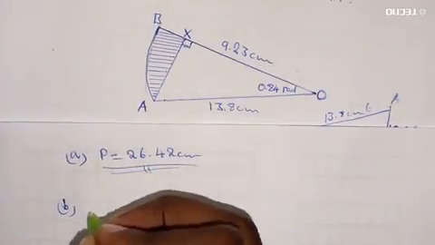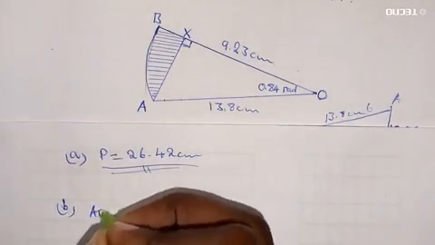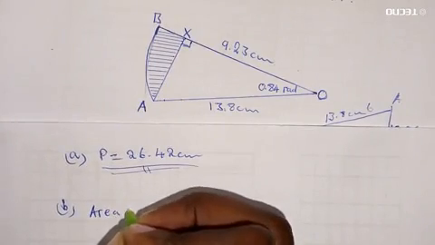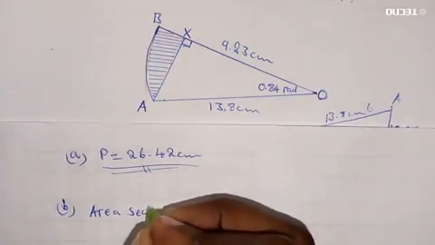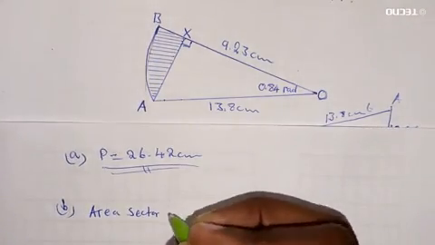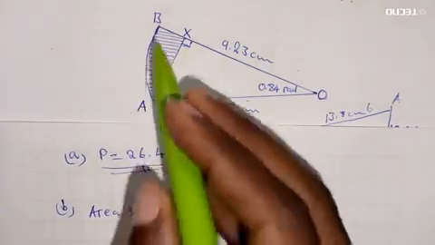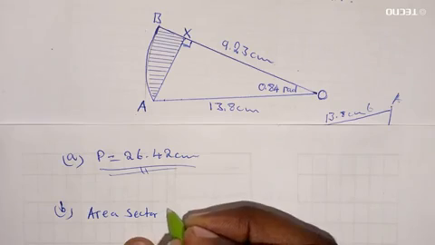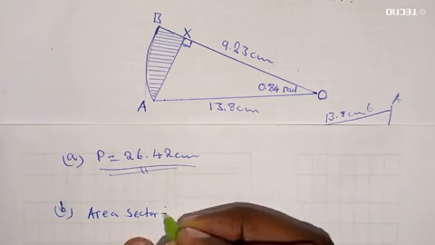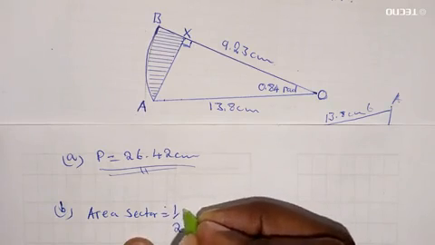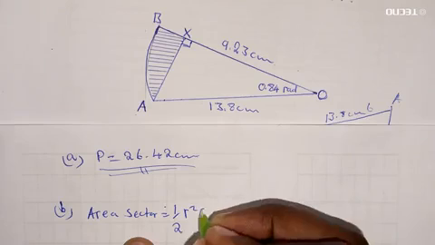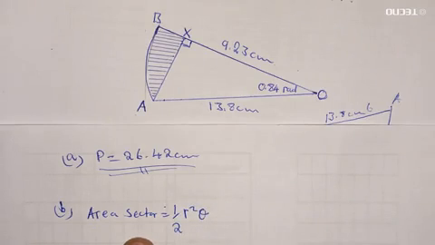The area of sector OAB is given by half r squared theta.